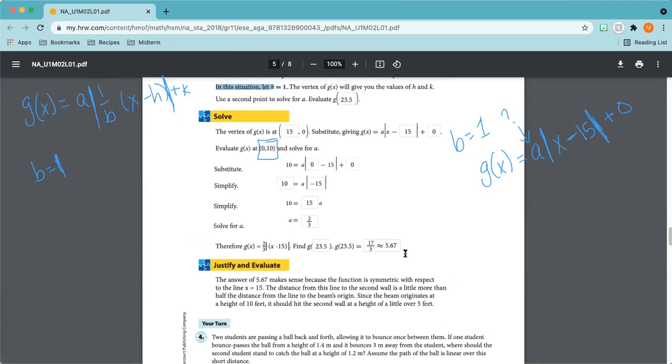So instead of g of x, it's going to be 10 equals a times the absolute value of x, which is actually just 0, 0 minus 15. And then I'm not going to write plus 0 because there's nothing there at the end. So 0 minus 15 is going to be what?